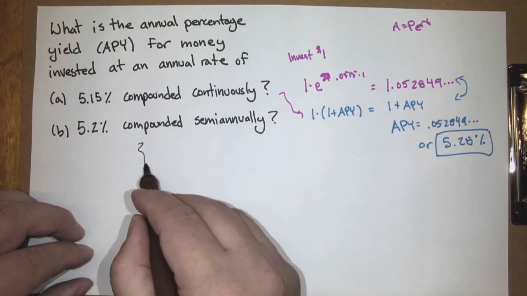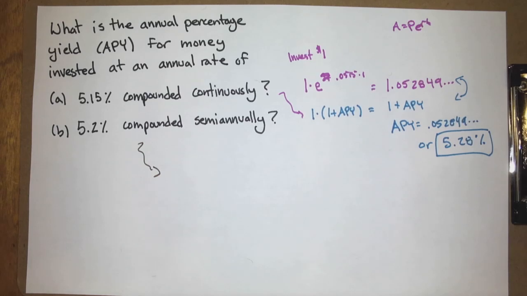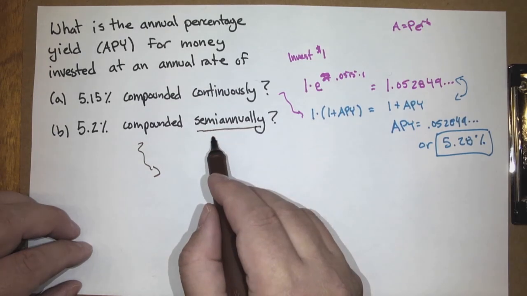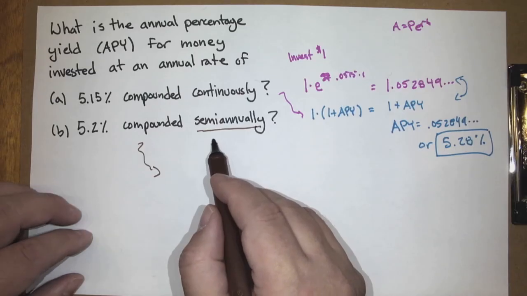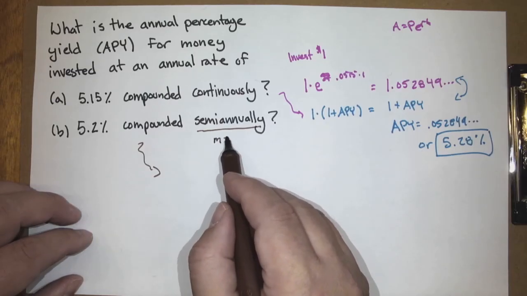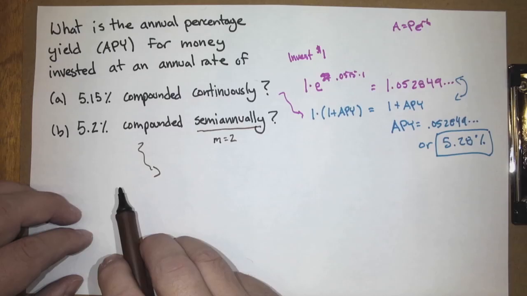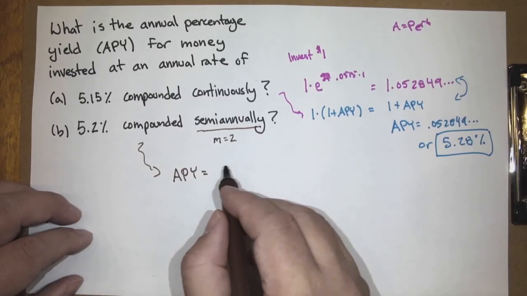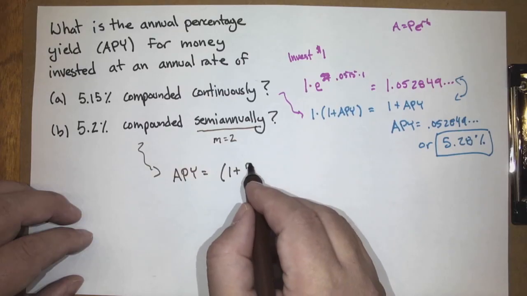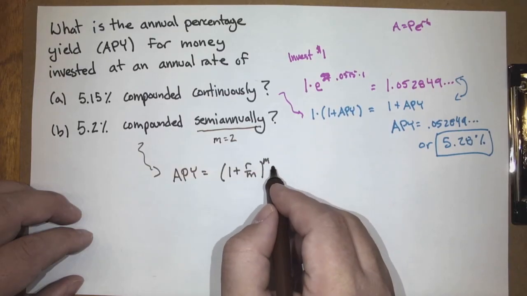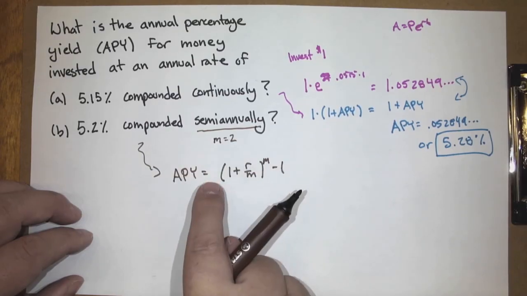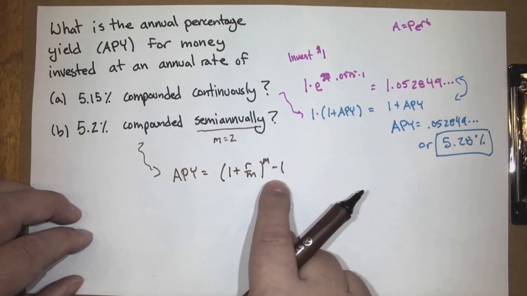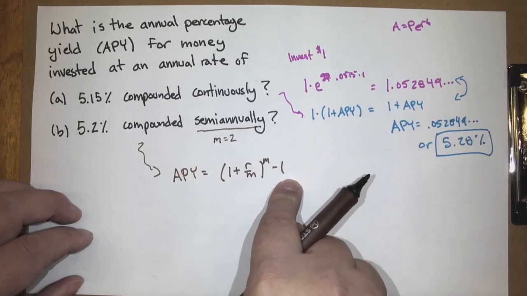All right, compounded semi-annually, should we? Well, let's just use the formula. Semi-annually, how many times do we get our interest? Twice. So the formula says 1 plus r over m to the m, minus 1. This is how much you'd get if you invested $1, minus your actual dollar that you invested.